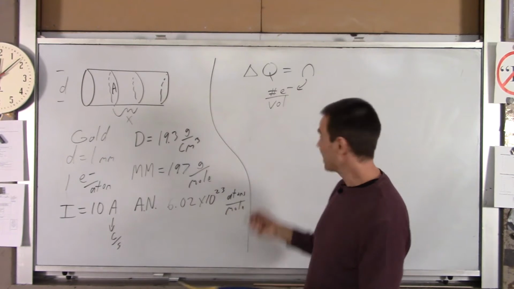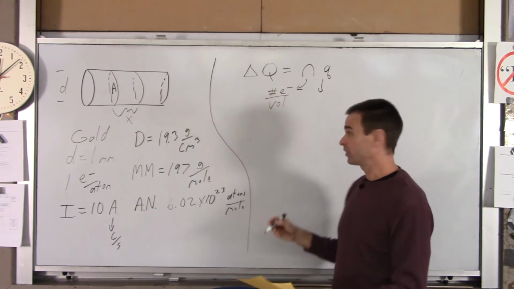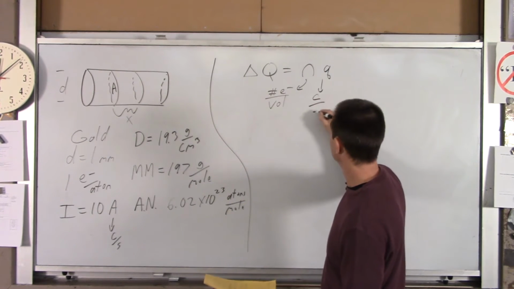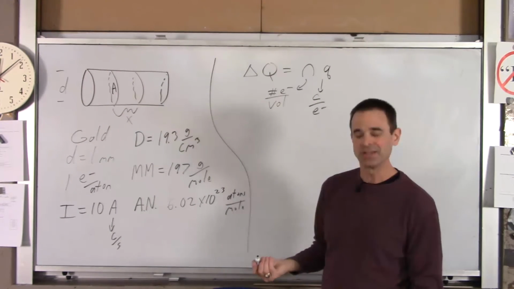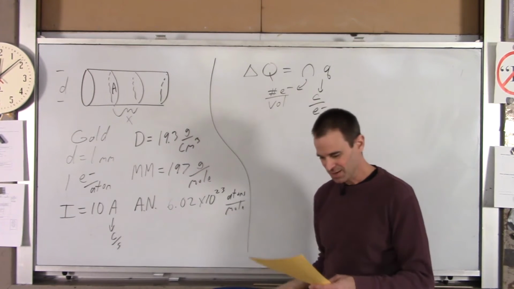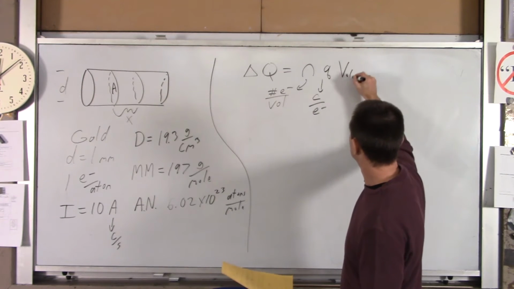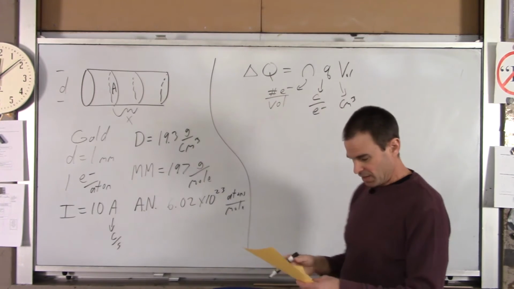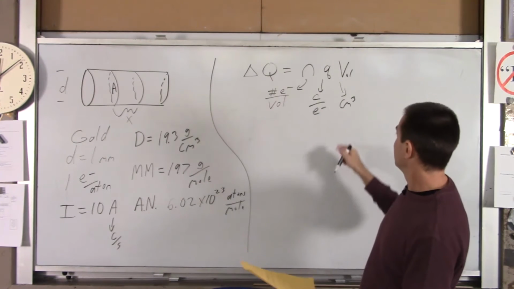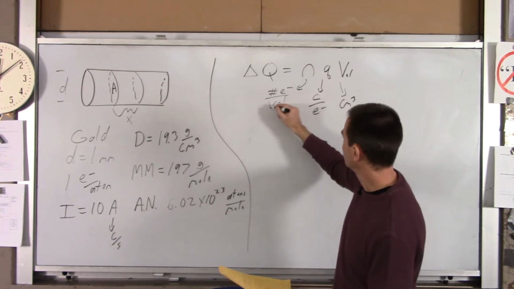Times Q, which is simply the charge of 1 electron, so it's coulombs per electron, and we know that number: it's 1.6 times 10 to the negative 19th coulombs in 1 electron, times the volume, which will be in centimeters cubed. So the volume in N and the volume here cancel.